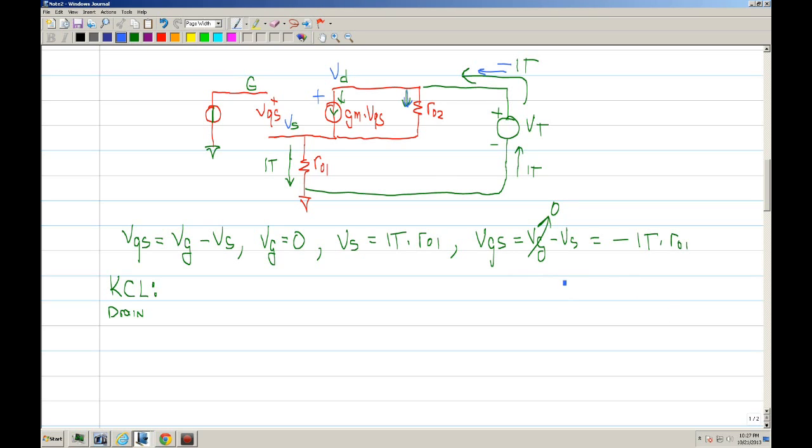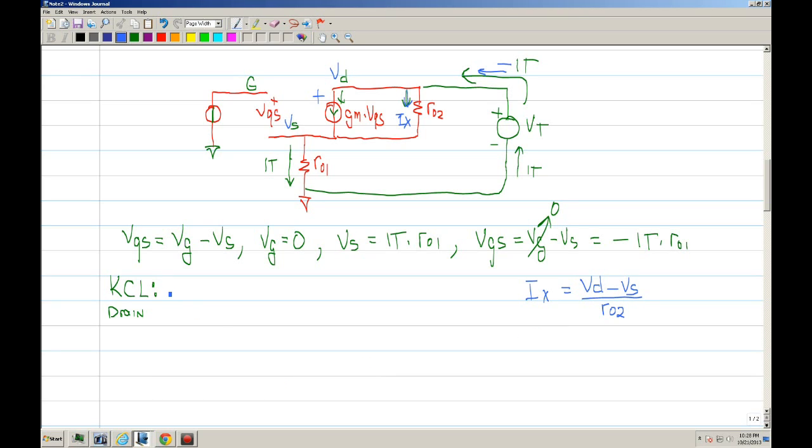So we'll write it down here on the side. So you can say, and let's call this IX for right now, current IX. So we'll say that IX is equal to VD minus VS divided by RO2. Okay, so let's see.